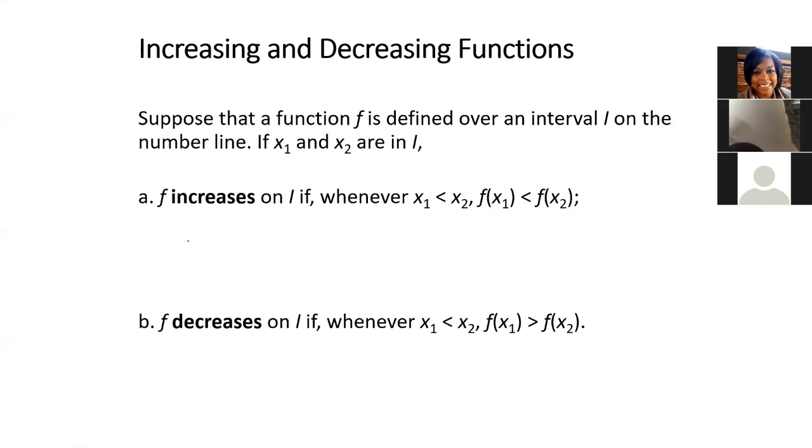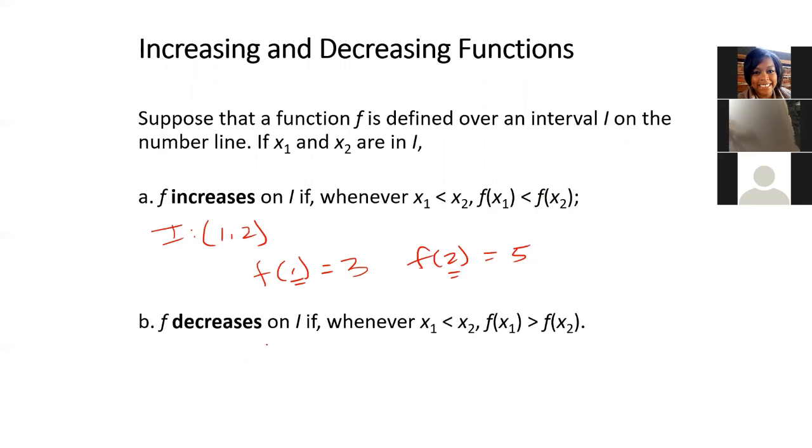So what this is saying is if you have an interval, let's say my interval is from 1 to 2, and I tell you the values of f of 1 equals 3 and f of 2 equals 5. When I'm comparing my x's, so when I'm comparing 1 and 2, 1 will be less than 2, check, and then 3 will be less than 5, check. So this is an increasing interval.